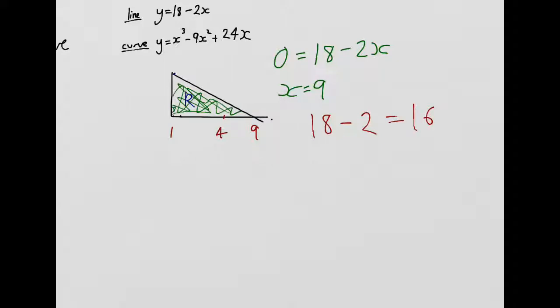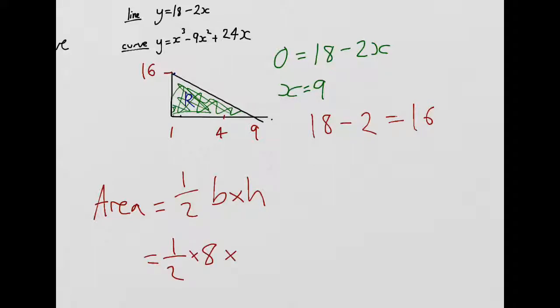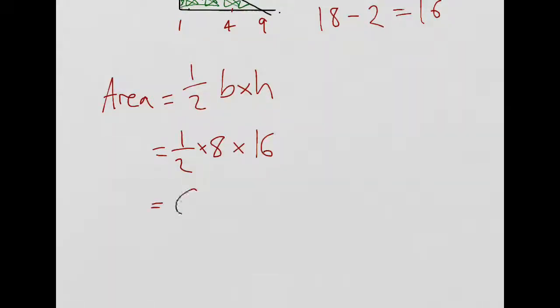So we know the height of this triangle is 16. We have a triangle given by half base times height. We know the base of this is going to be 8, so it's going to be half times 8 times 16, which will give us an area of 64 units.